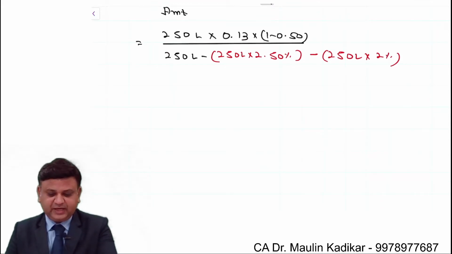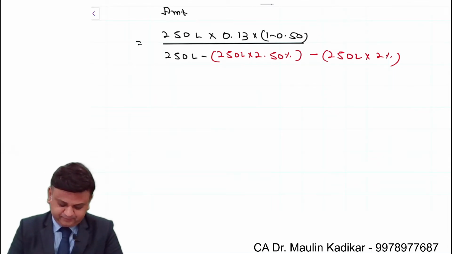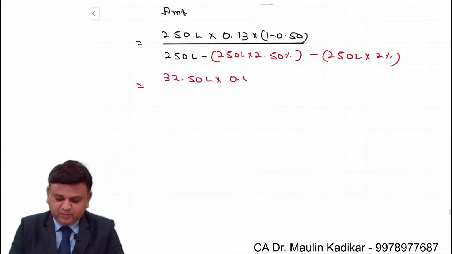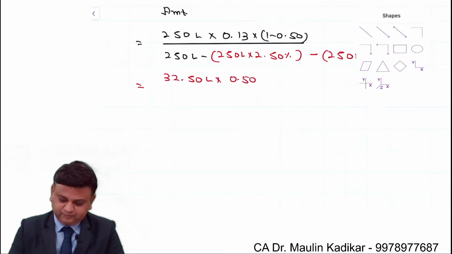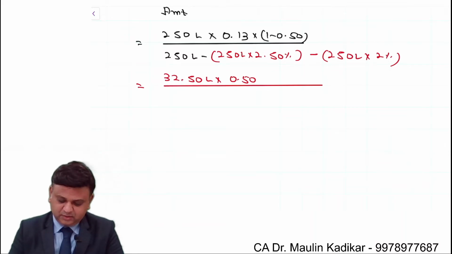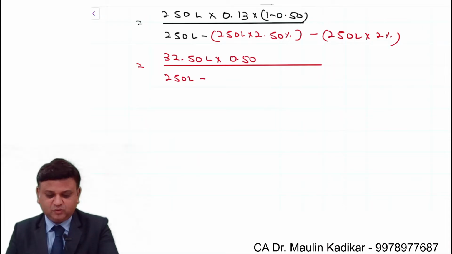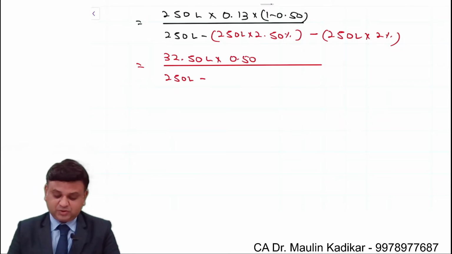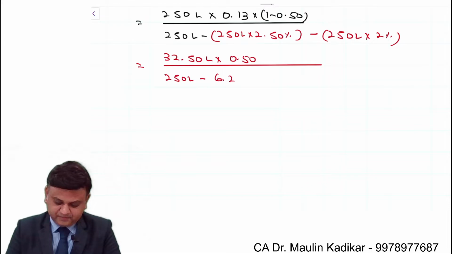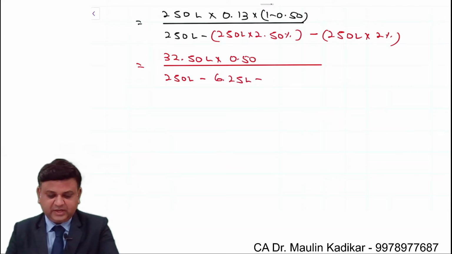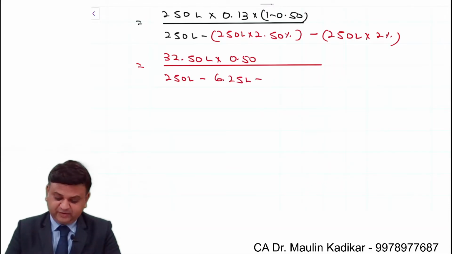So we understand 250 lakhs into 0.13 is 32.5 lakhs, into 0.5, whole divided by 250 lakhs minus 250 lakhs into 2.5%, which comes to 6.25 lakhs, and 250 lakhs into 2% comes to 5 lakhs.